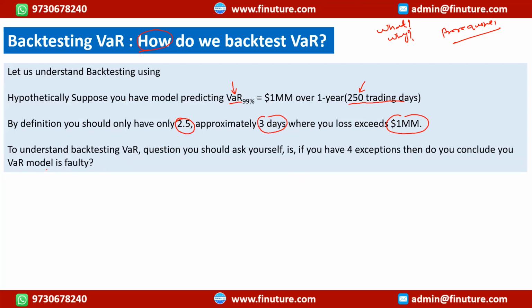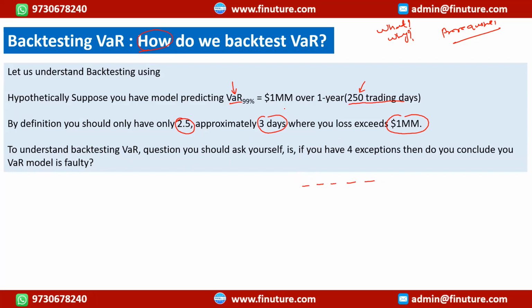So to understand backtesting VaR, what is actually done on a daily basis is you monitor your dollar loss. If your VaR limit is getting breached, that is an exception. So over 250 days, you will have 250 observations where you note your dollar loss.